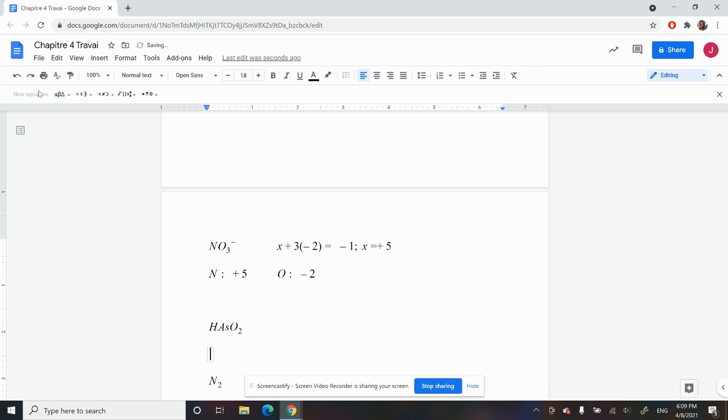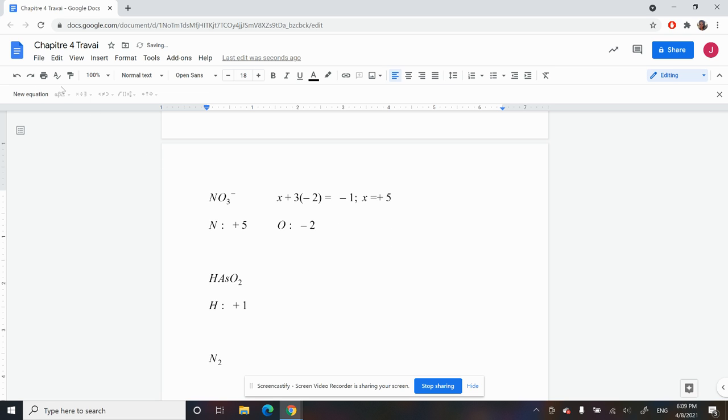Next, I do know that hydrogen is +1. I don't know anything about arsenic here just yet. I do know that oxygen is -2. And then I end up getting +7.